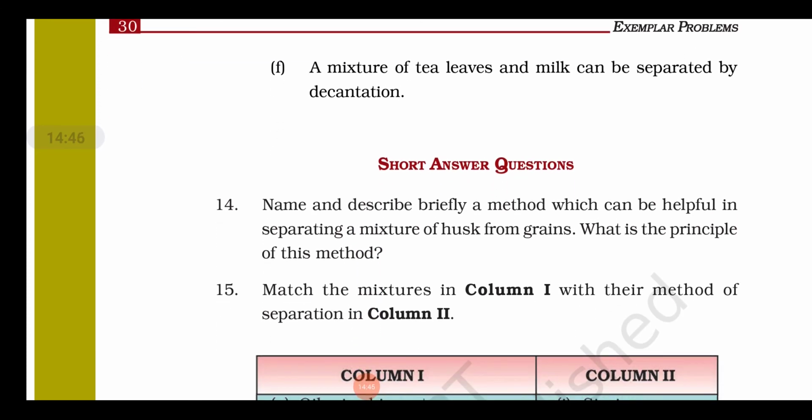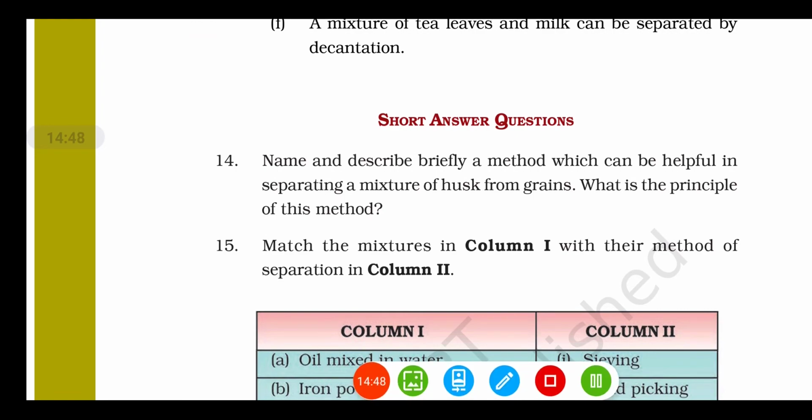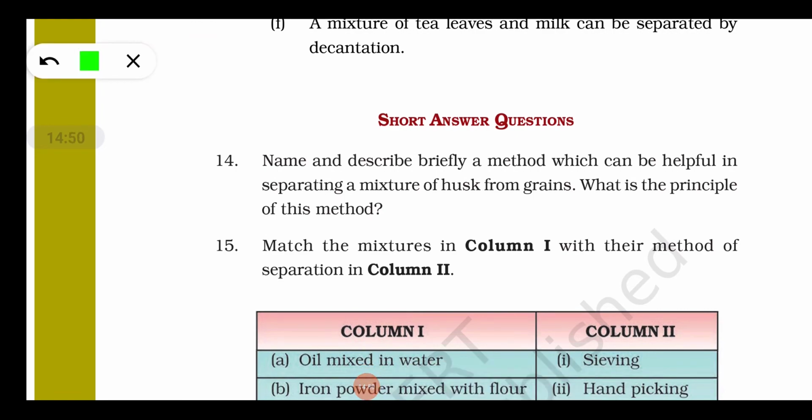Name and describe briefly a method which can be helpful in separating a mixture of husk from grains, and what is the principle of this method. So dear students, I have already told you it can be separated by using the process of winnowing.